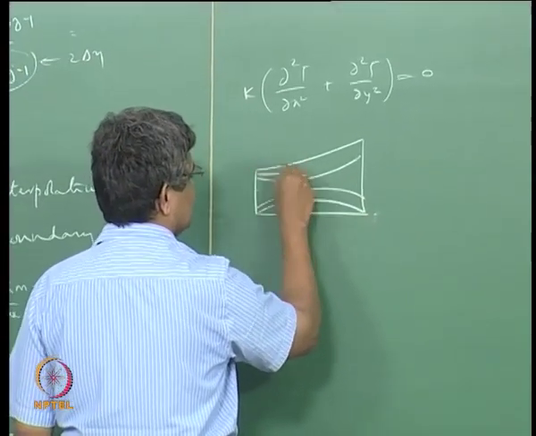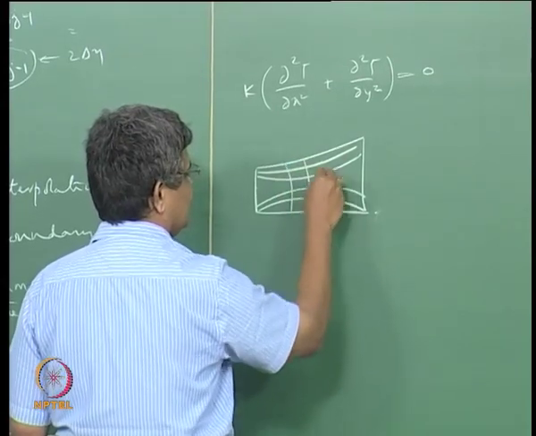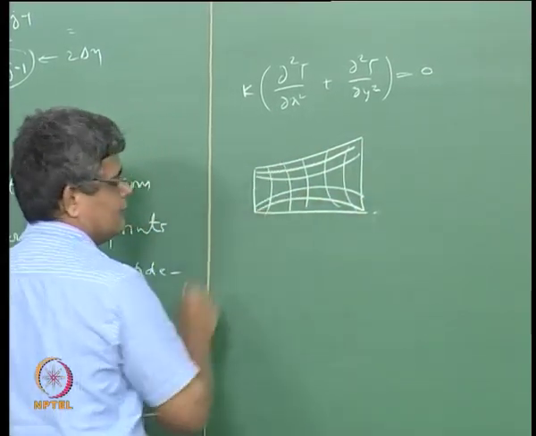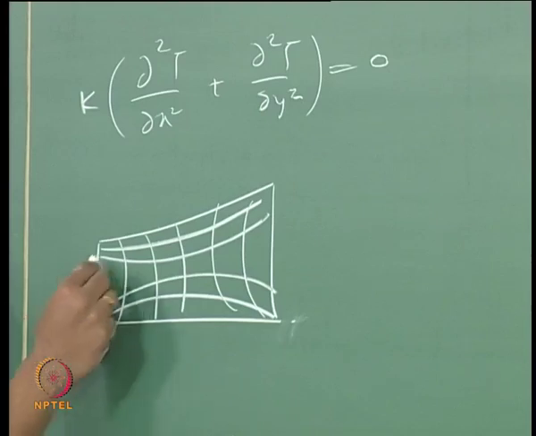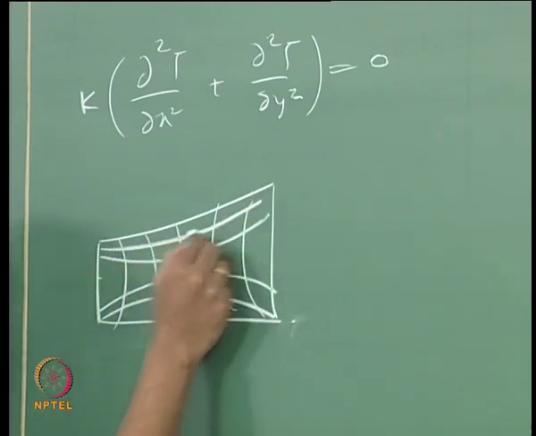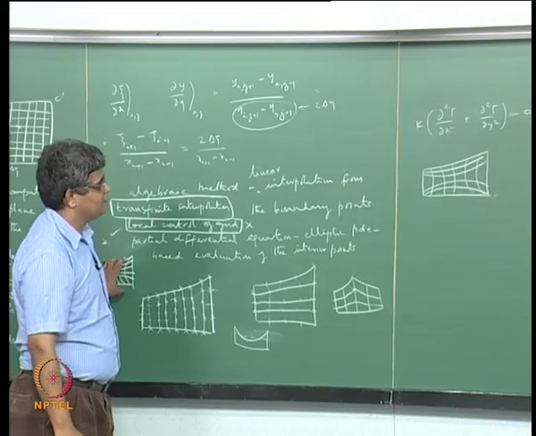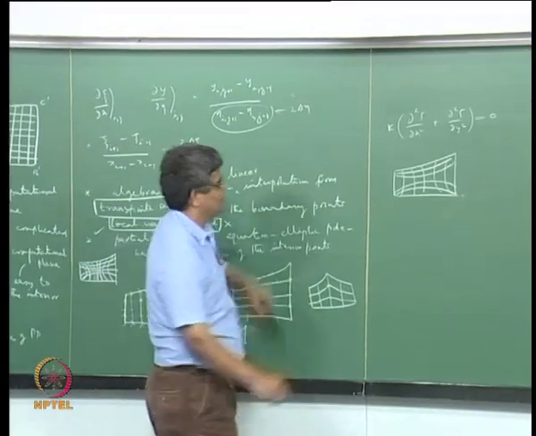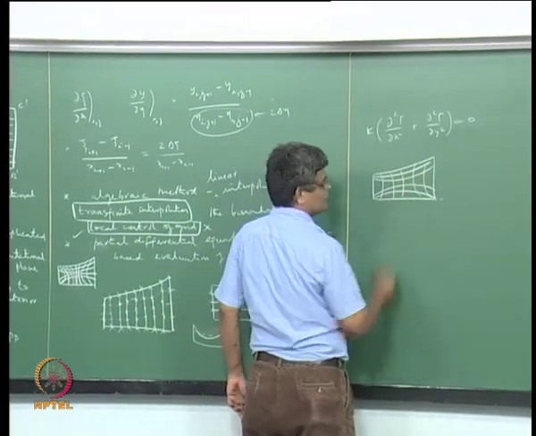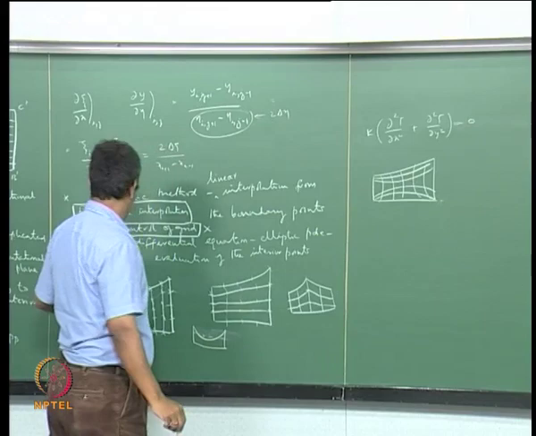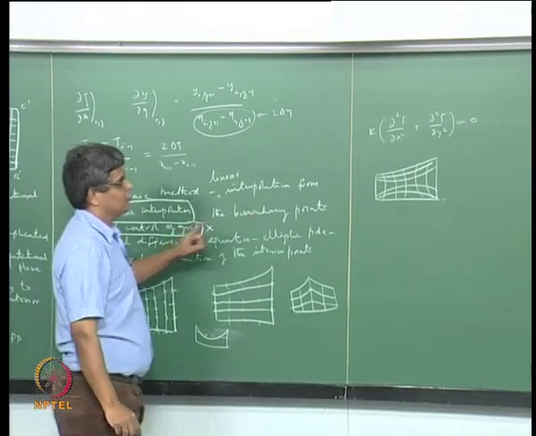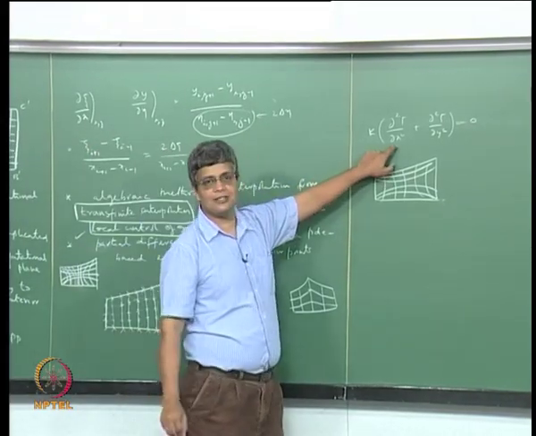Okay, so these are constant temperature lines. They show a smooth variation. So if you were to look at this and this, one could say, if I want my constant temperature line to be smooth, I would like my eta variation here to also satisfy this equation.